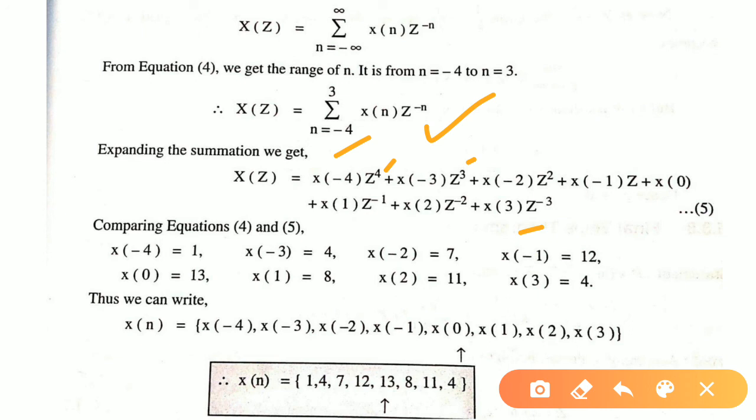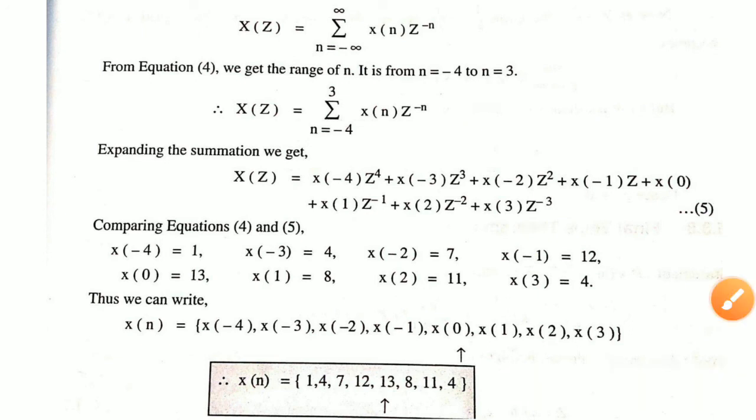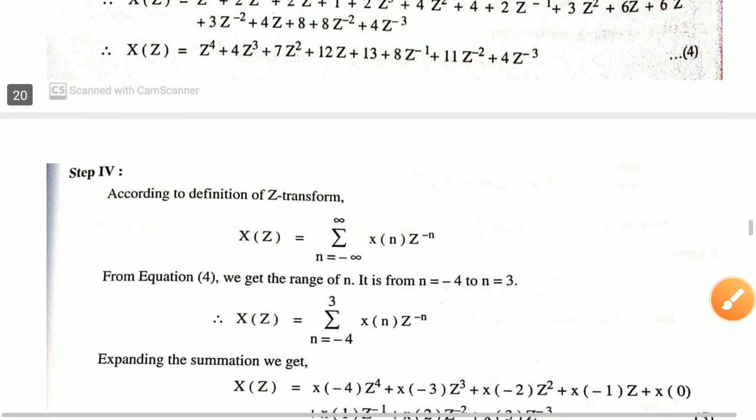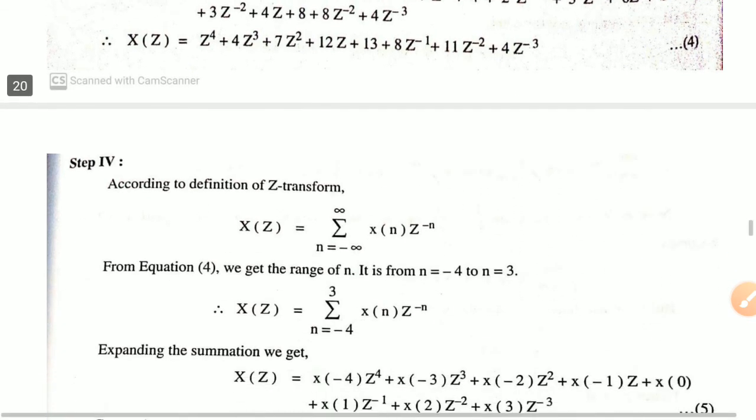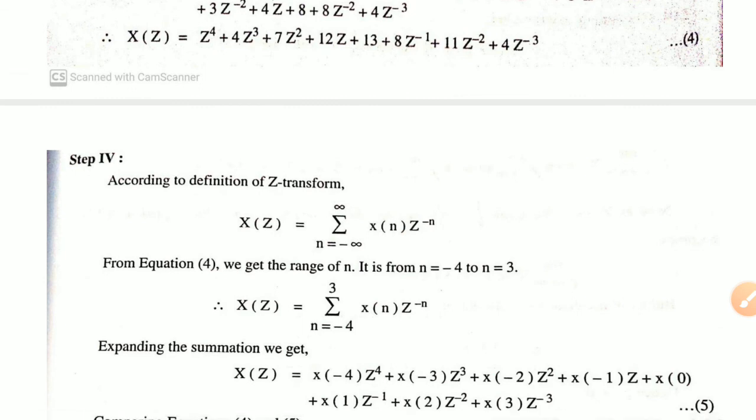So compare equation number 5 with equation number 4, which we already found after multiplication. This is equation number 4 and this is equation number 5. So what are we getting?